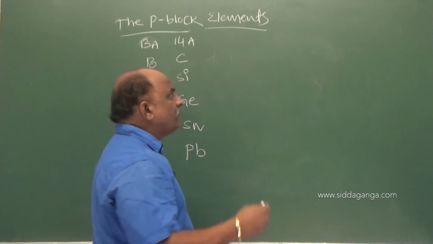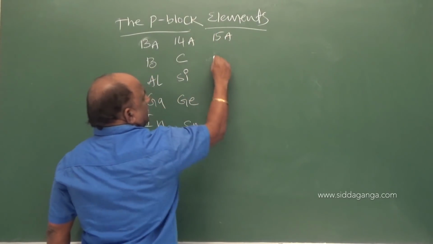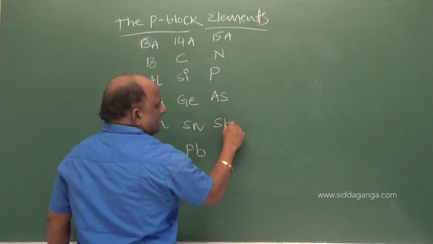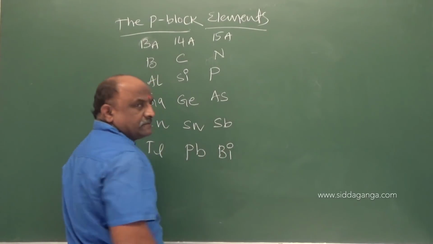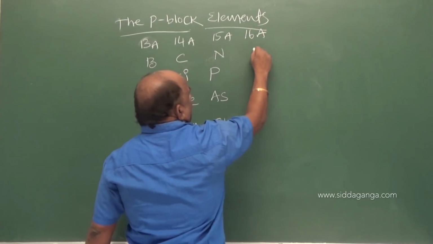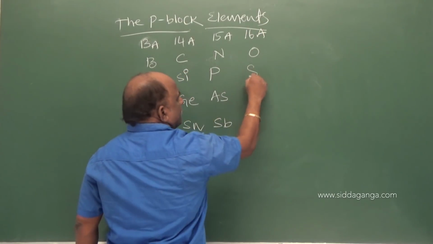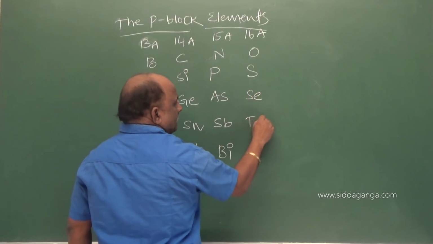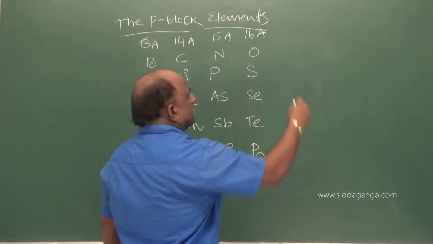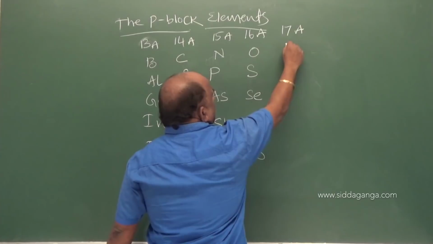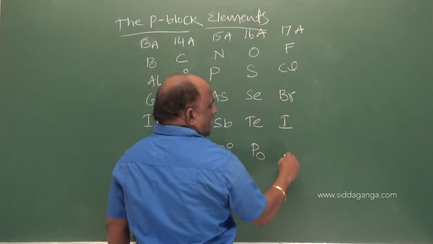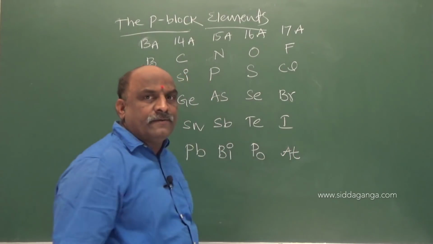While coming to the 15th group elements: nitrogen, phosphorus, arsenic, antimony, bismuth. Later, the 16th A group elements: oxygen, sulfur, selenium, tellurium, polonium, and the 17th A group elements: fluorine, chlorine, bromine, iodine, astatine.